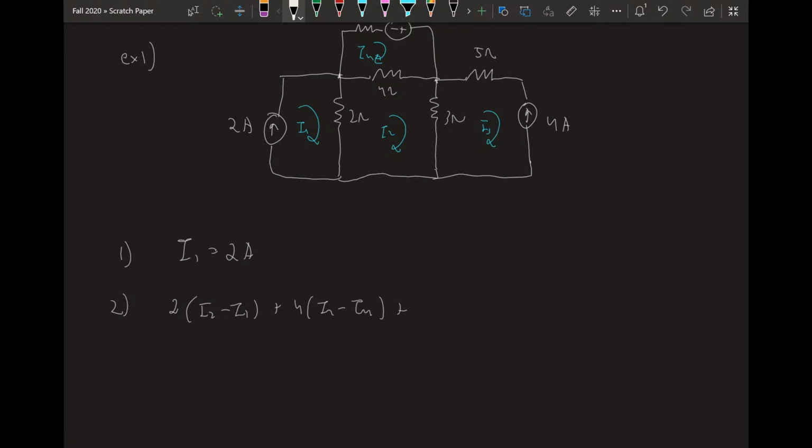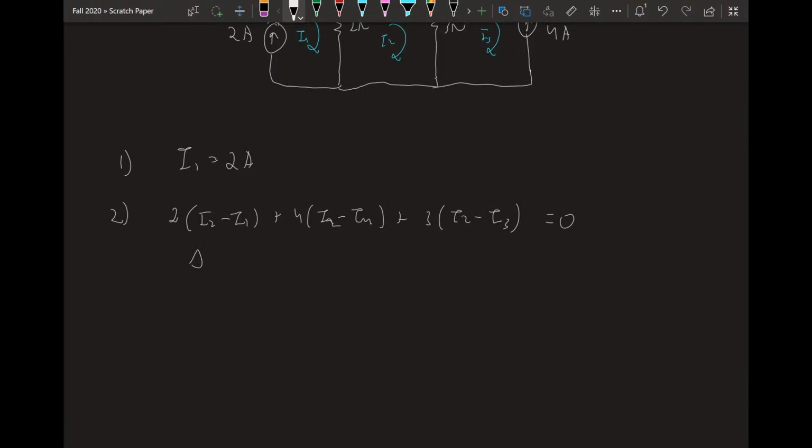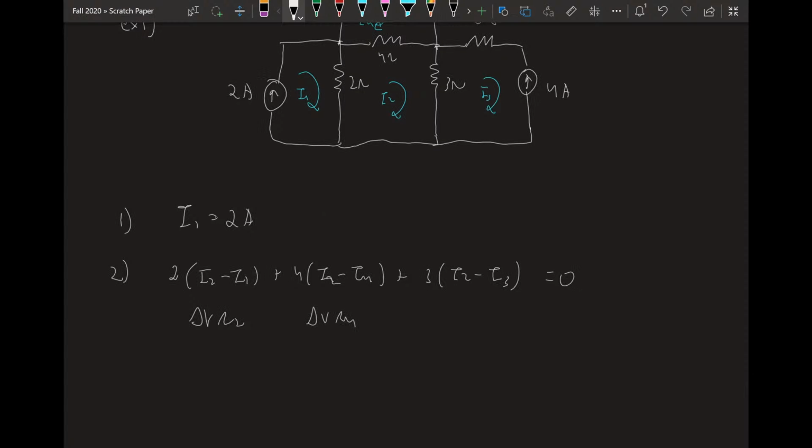And then going to the 3 ohm resistor, 3 times I2 minus I3. This equals 0, where this is a change in voltage times R2, this is the change in voltage times R4, and this is the change in voltage times R3.